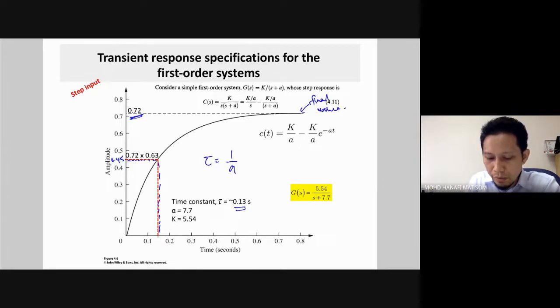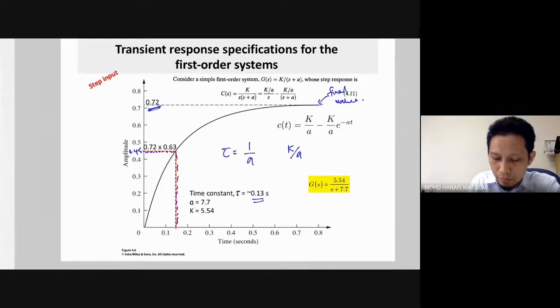And then how to find the value of a? To find the value of a, we know that K over a is the final value. K over a is the final value. And we can find the value of a using this expression.